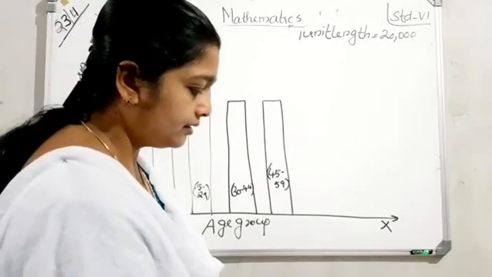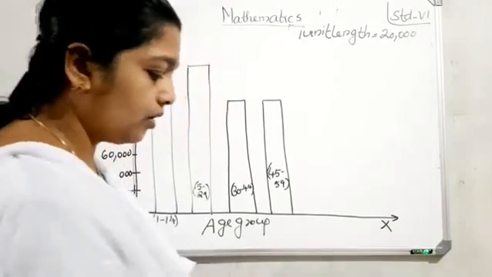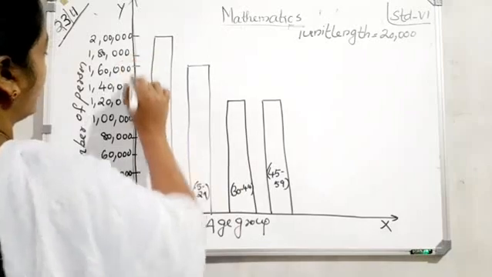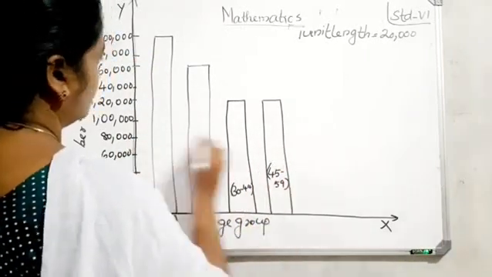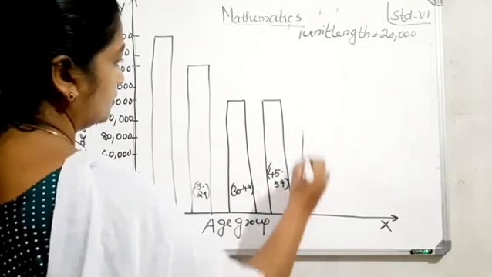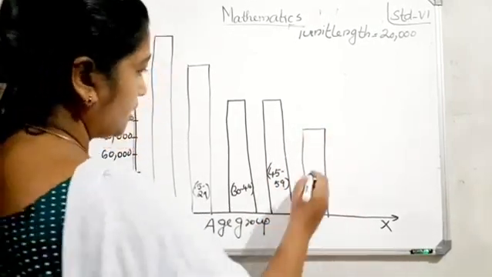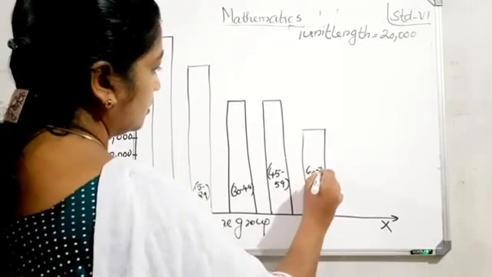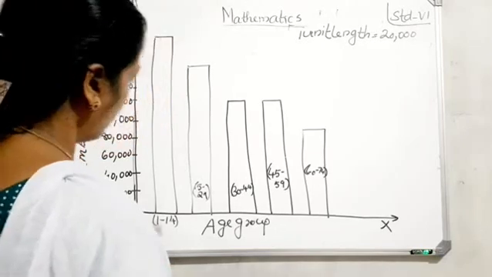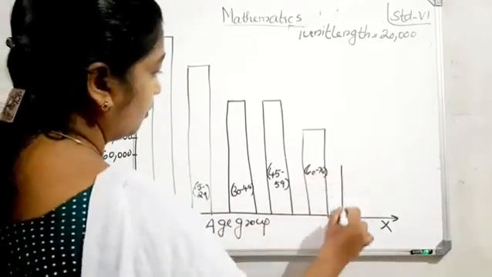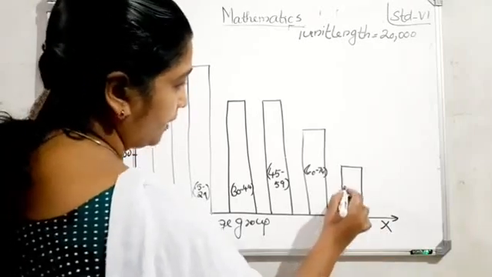The question does not give it, but it is 80,000, that equals 60 to 74. And the next term, 40,000, where? 40,000, that equals 75 and above.